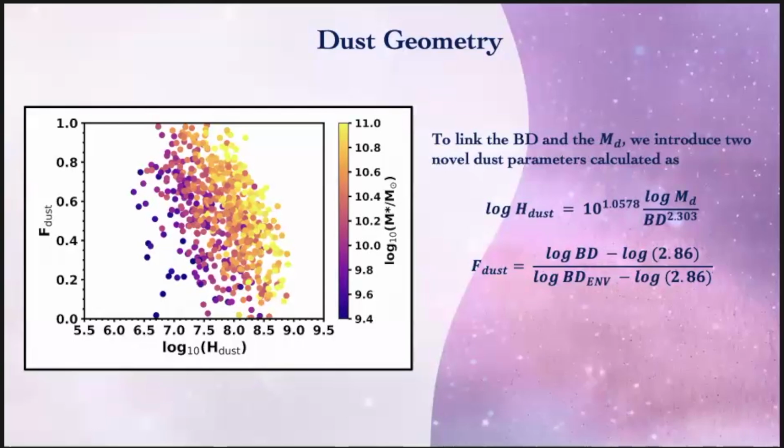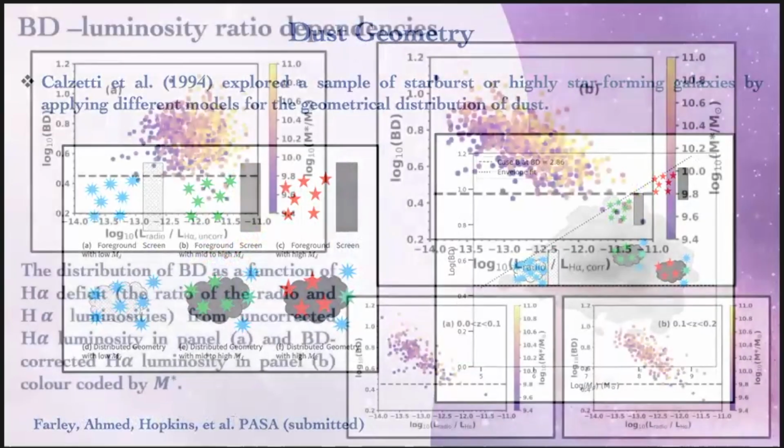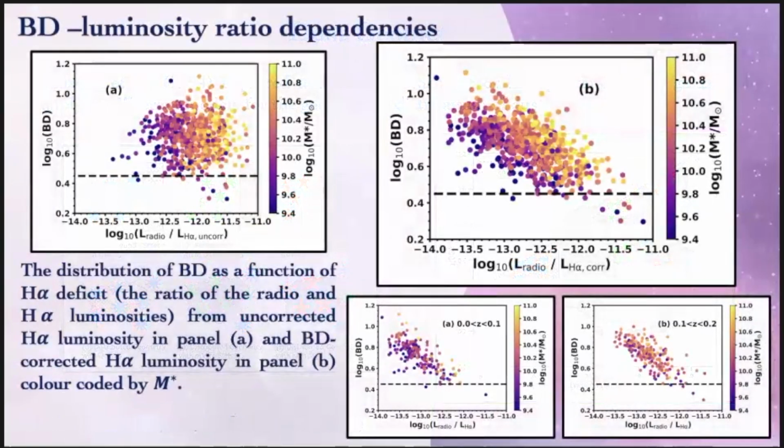Also, from the H alpha deficit figure, if I go back to that, there is a Balmer decrement dependence there, as well as stellar mass dependence.